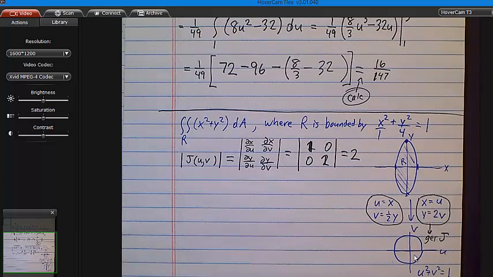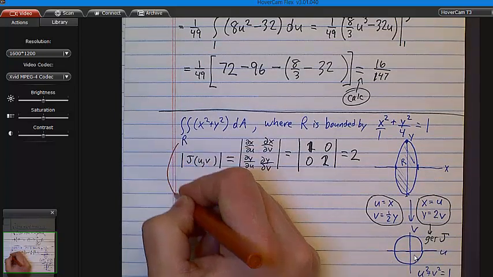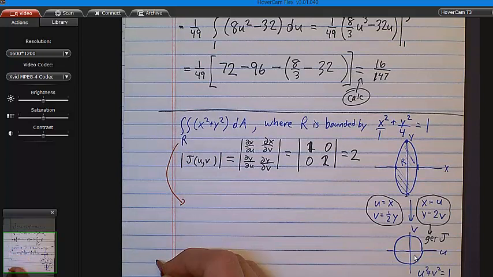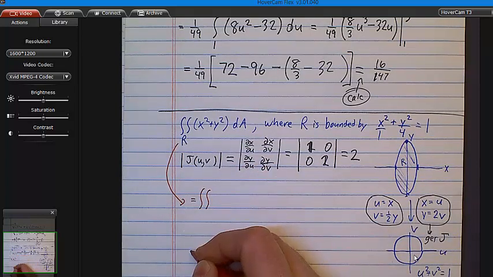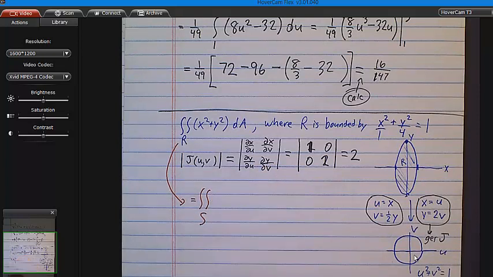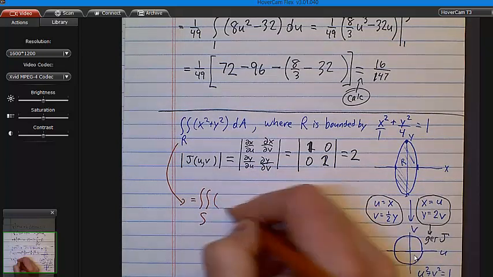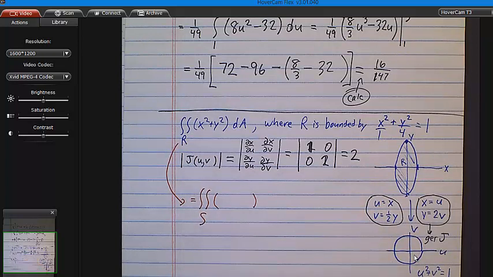So what does that tell me? That tells me that when I do this, I can rewrite this problem, which is in x's and y's, as a double integral over S. I'll need to change the integrand, but then what do I multiply by?